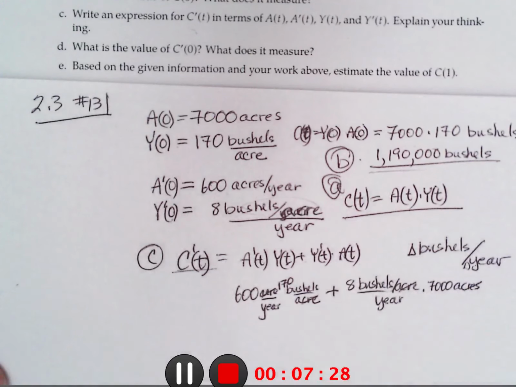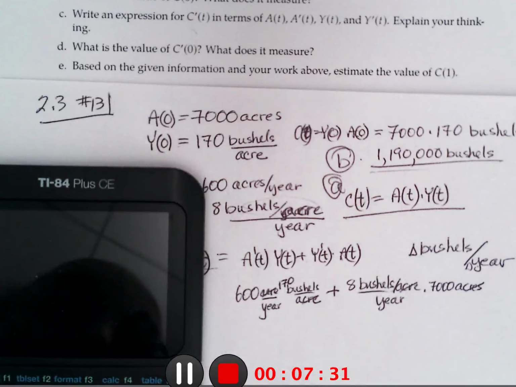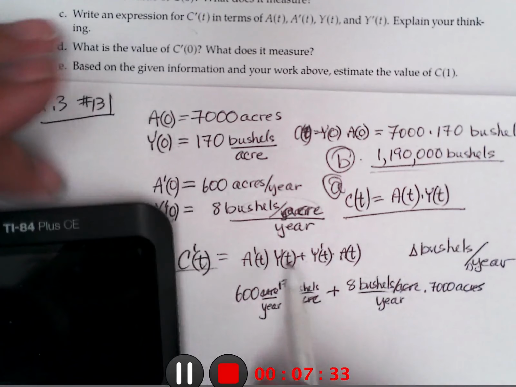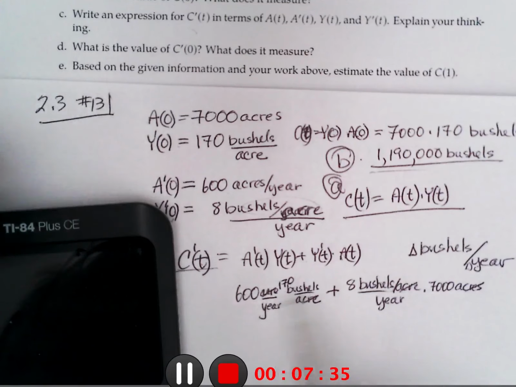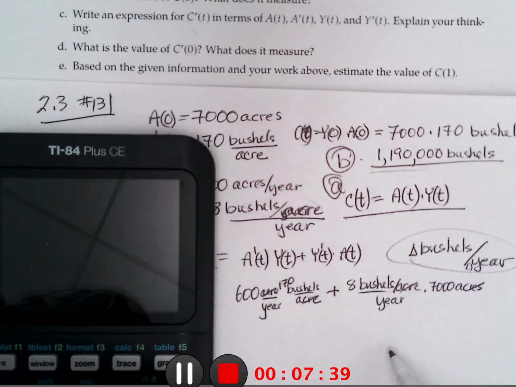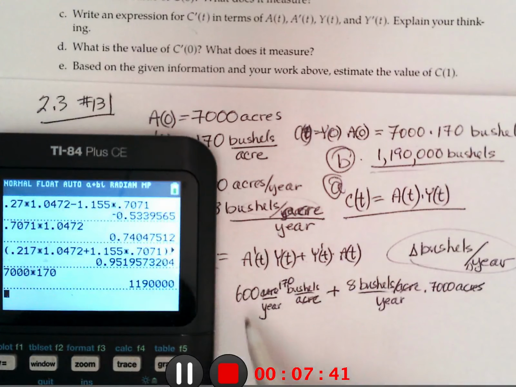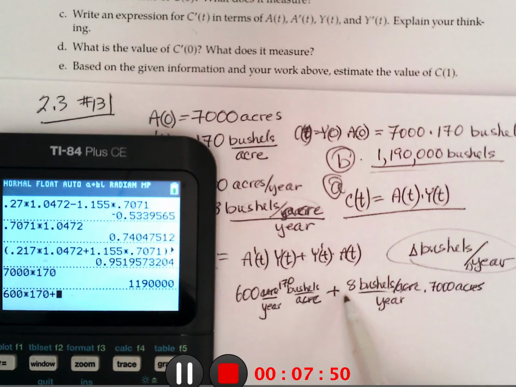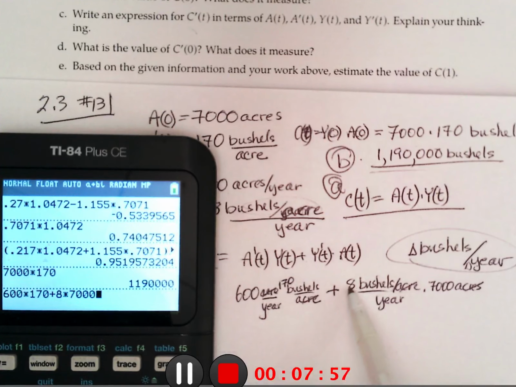So the change is going to be so many bushels per year. Bushels per year, as I said before. And we'll just figure that out. That's 600 times 170 plus 8 times 7,000. We're getting 8 bushels per acre more for the 7,000 acres because of that increase.